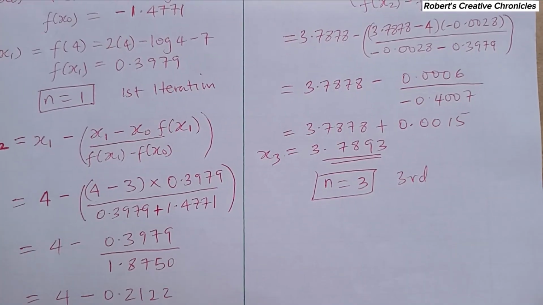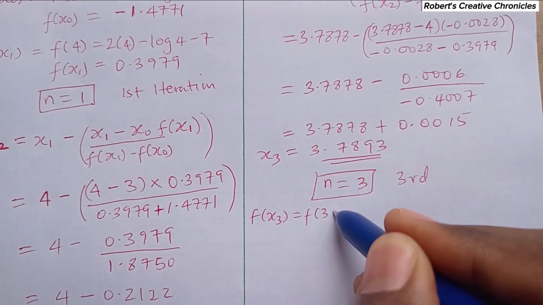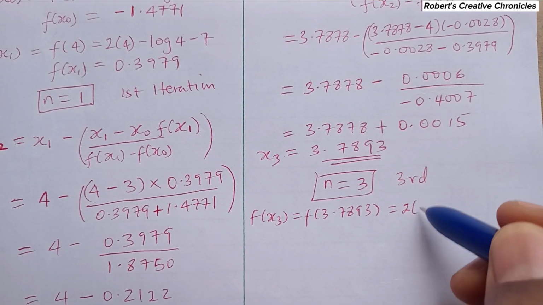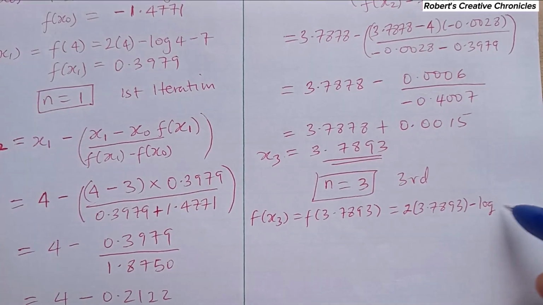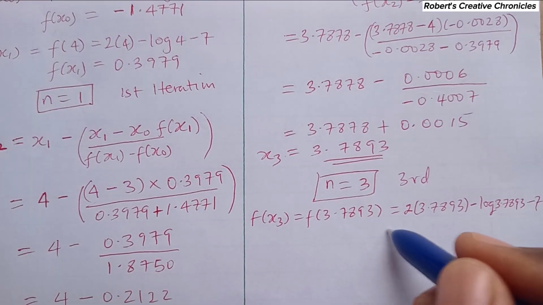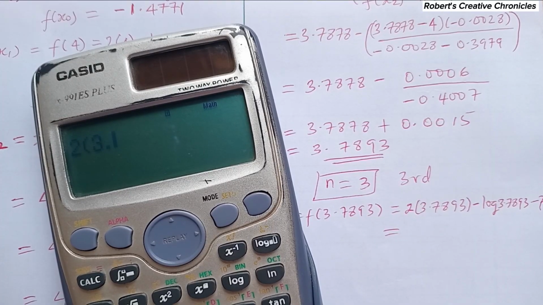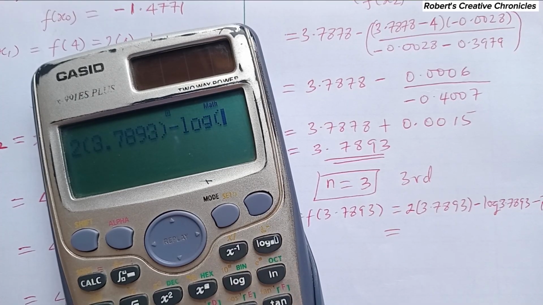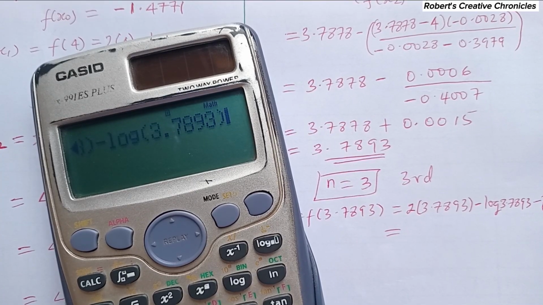Third, fx3 is equal to f of 3.7893. So it will be what? 2 times 3.7893 minus log 3.7893 minus 7.